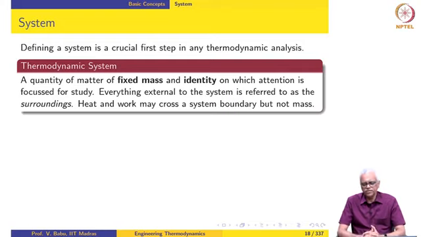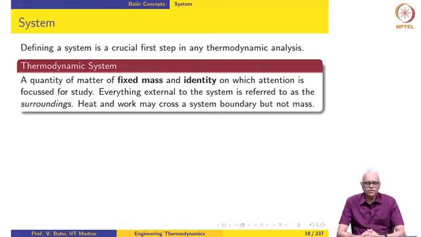Let us explore this definition further in greater detail. We will dissect the definition and try to understand each and every aspect of it. Notice importantly that the last sentence, heat and work may cross a system boundary but not mass, tells you that in the system approach, or indeed in thermodynamics, heat and work are interactions that the system has with the surroundings.